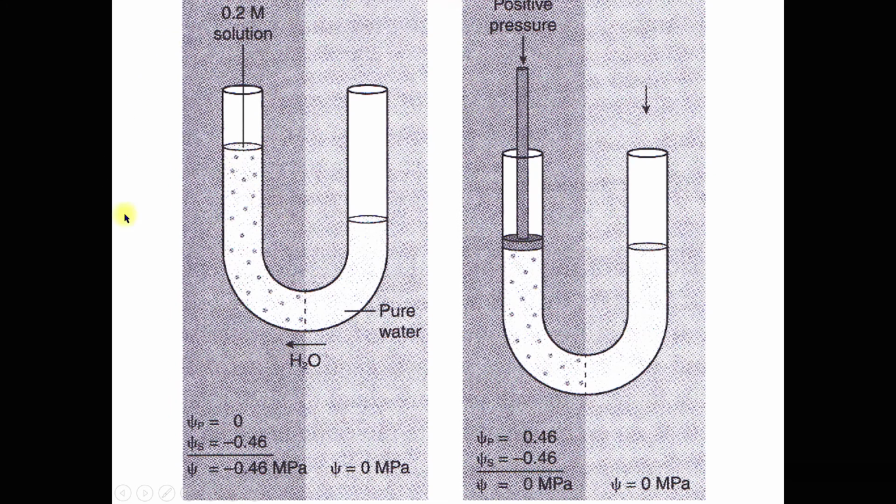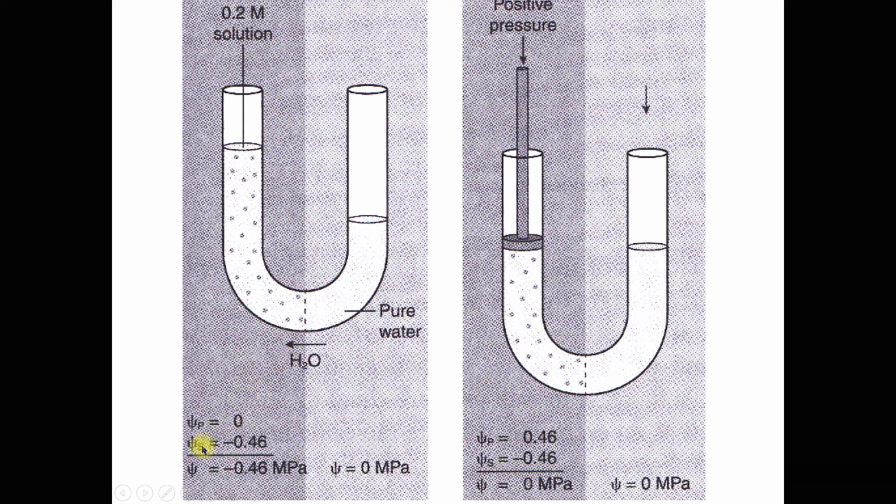And on the left arm, you can see the solution concentration is 0.2 molar. So this solution has water as well as solutes. But there is no pressure, because pressure is not being applied or sucked out, so the pressure potential equals 0 megapascal.